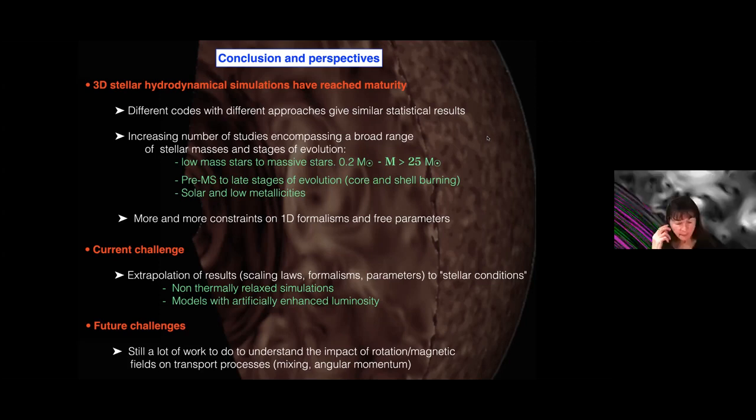Not rapidly damped. So I think the main problem is that, as we have shown in this very recent study, Baraffe et al. 2021, you actually force your convection. So you increase the convective velocities.